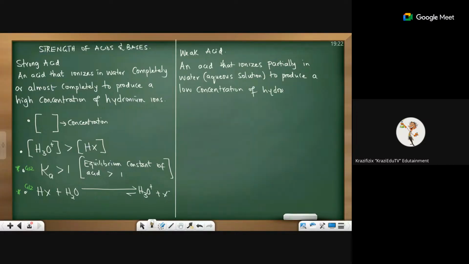Do you notice that acids are associated with hydronium ions? Every time we say acid, we talk about what? Hydronium ions. Here, we are saying the concentration is so small, it is less than the concentration of the acid itself.